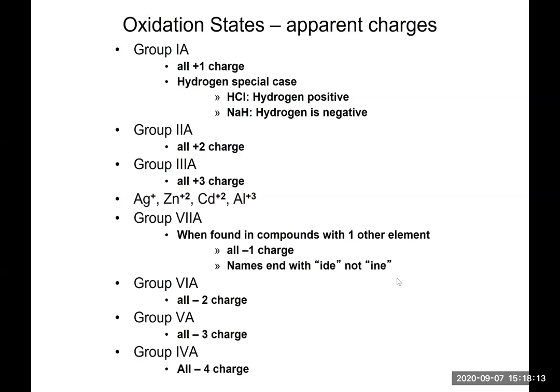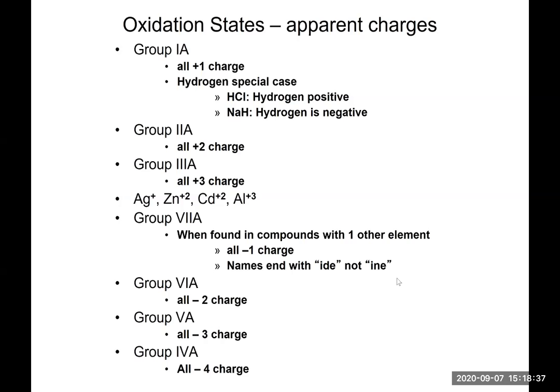In group 1A on the periodic table, all of those species have a +1 oxidation state or a +1 charge when they're getting involved in a reaction with another species. Hydrogen is the special case. If you see it written first in a chemical formula, it is associated with a positive oxidation state.